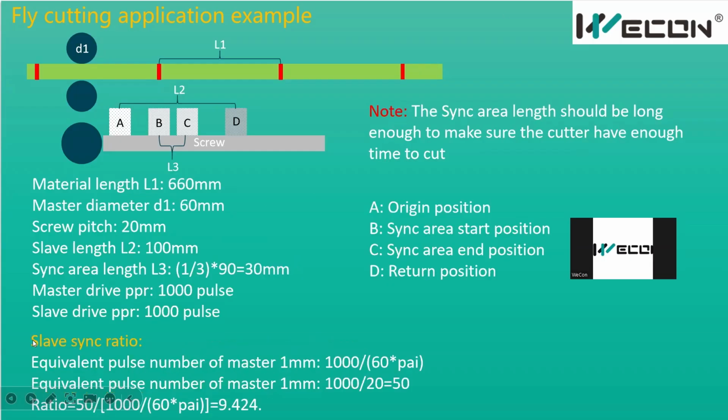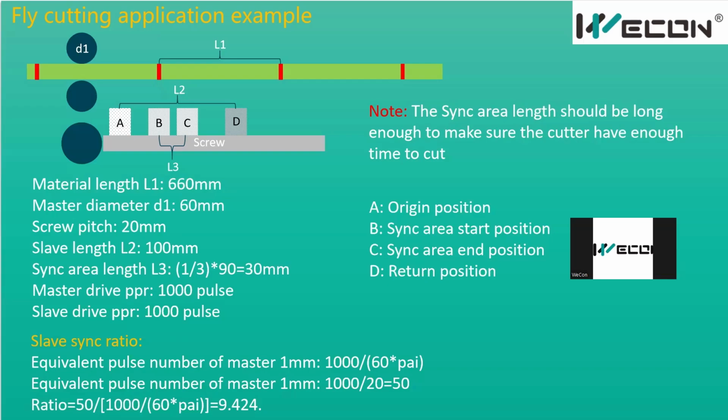Next part, we need to calculate the slave sync ratio, and the calculation method is the same as the rotary cutting. So here you can just have a look at it, and after calculating, we can see the sync ratio is about 9.424.